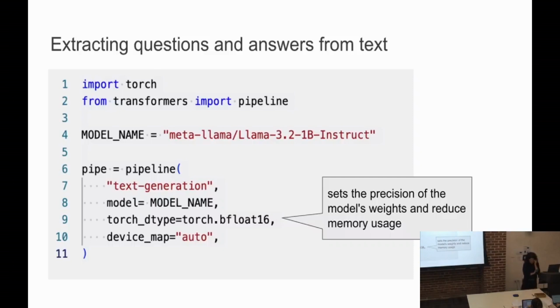And one of the problems we are having is that we have a lot of websites, and we would like to extract questions and answers from different websites for the application that we are trying to build. And this is complicated, right?